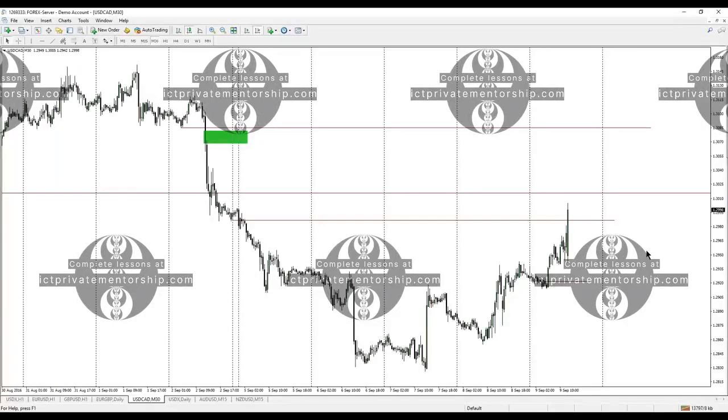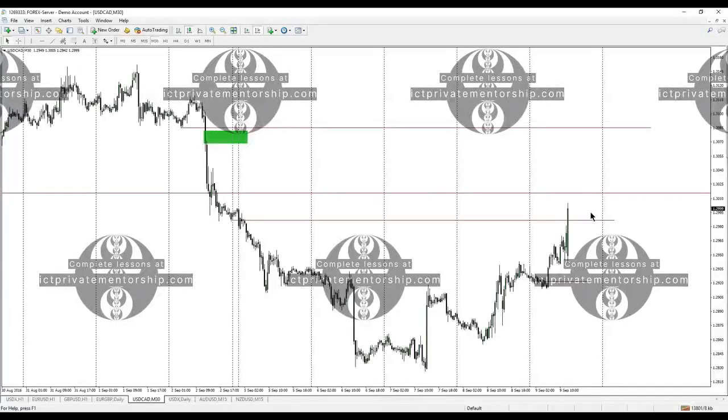I think that all of these voids will eventually be closed in. Now we're going back to the 130 big figure on CAD. If we get back above 130 big figure, we don't want to see it lose 129.90. Preferably, we don't want to see it go back below 130.